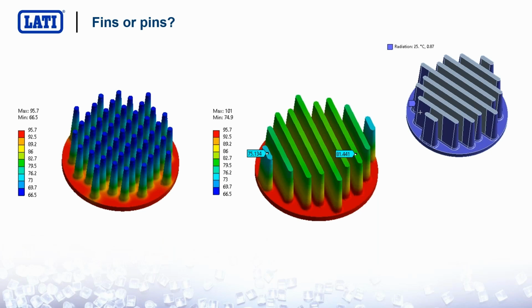One of the reasons is that the contribution of radiation is lower for fins. In fact, as you can see from the picture on the right, all the fins are radiating one on the other when they are facing. And so the contribution there of radiation is zero.